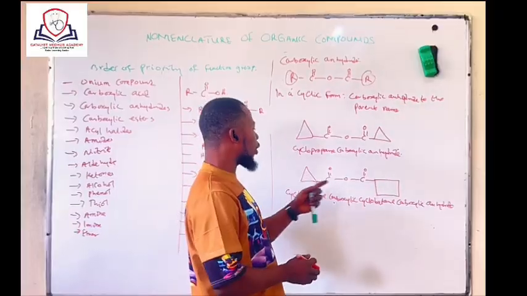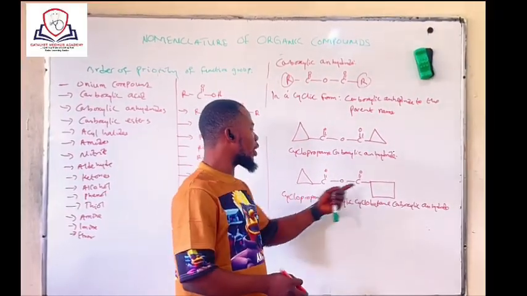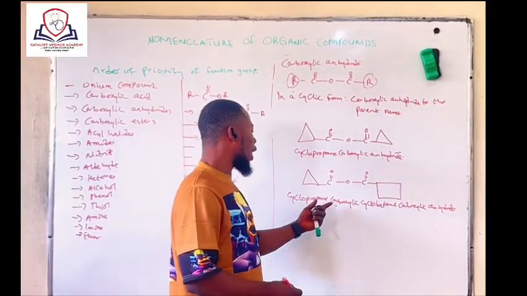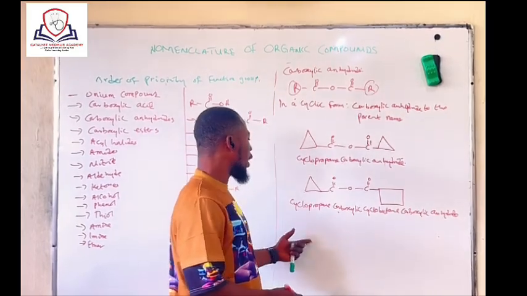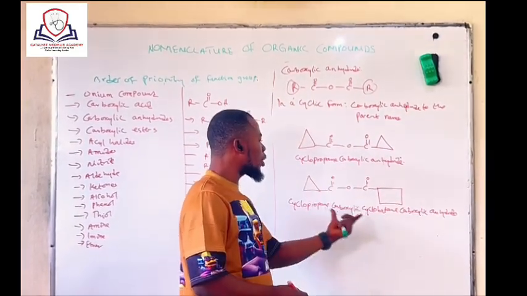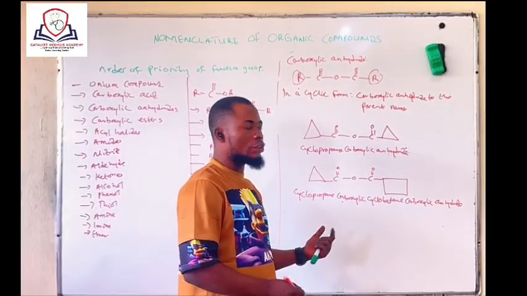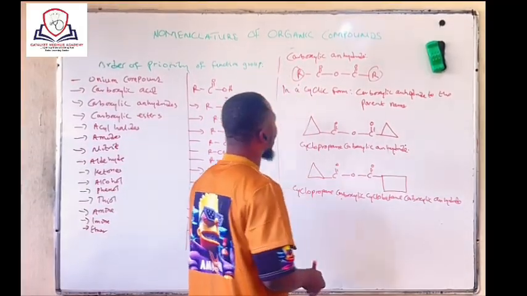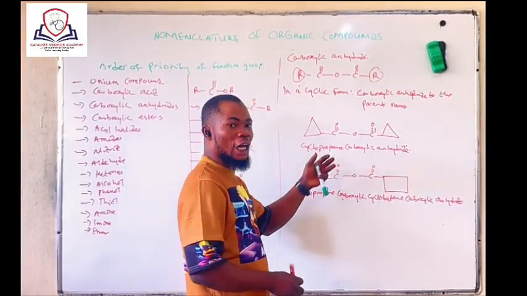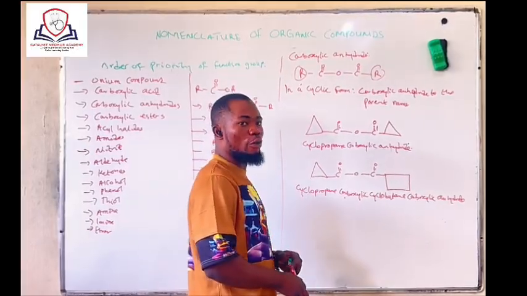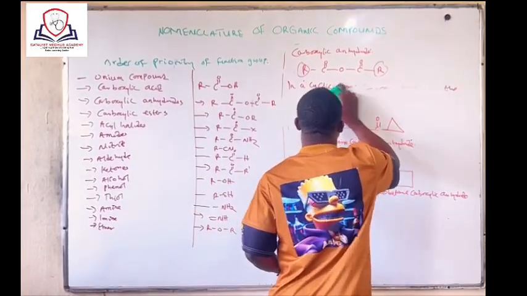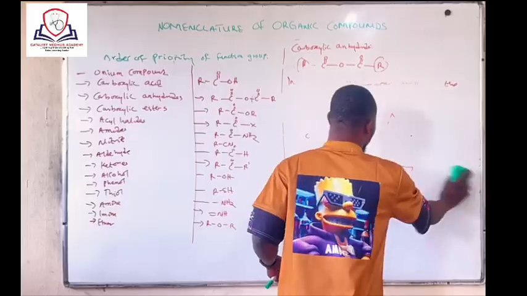Since both of them are not symmetric and both occur in a cyclic form, you must add carboxylic to each of them. Cyclopropane carboxylic for this one, cyclobutane carboxylic anhydride. So you can place carboxylic anhydride in a straight chain as well as in a cyclic form. They do not usually serve as a substituent for any functional group.